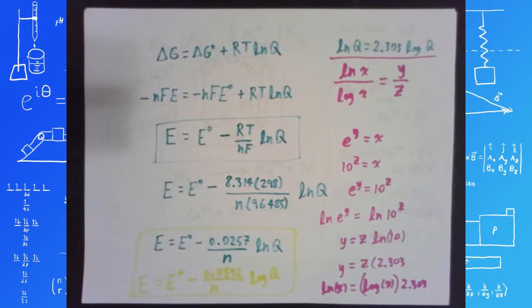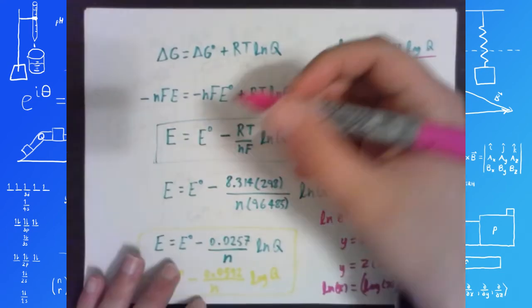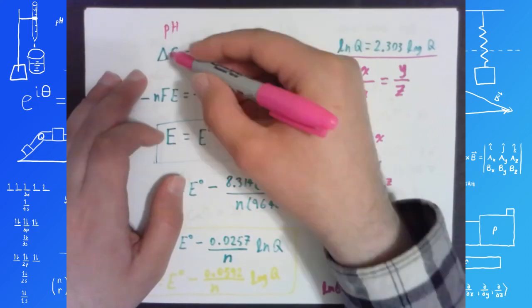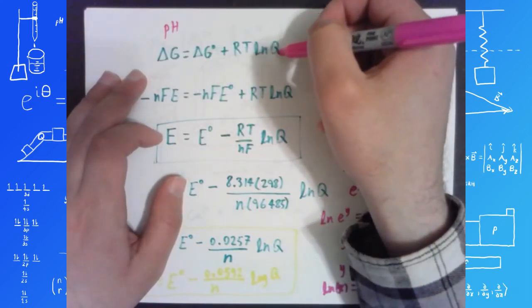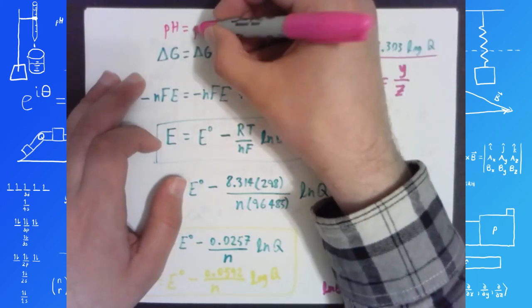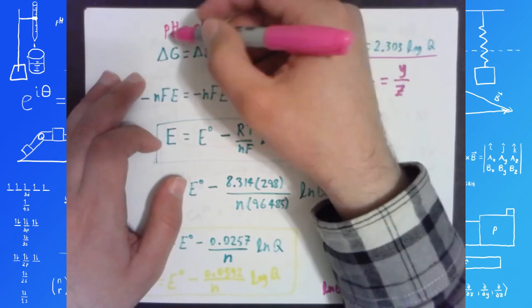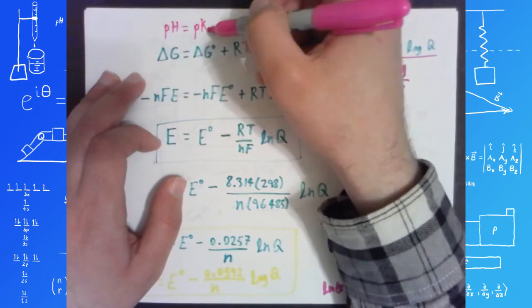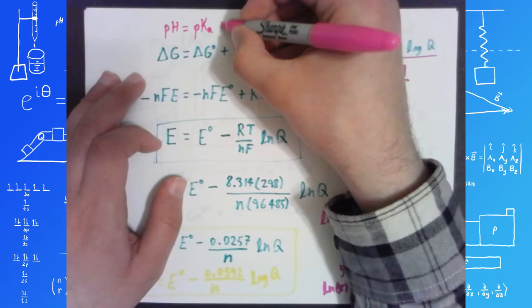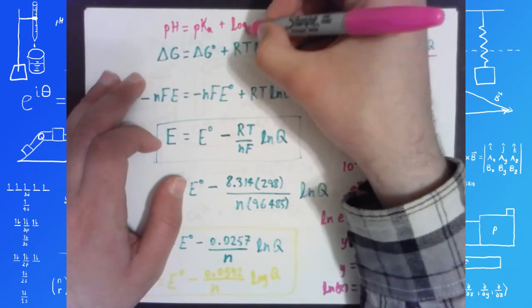And I hinted at it in the previous video. I said we were going to find a third equation that resembles the Henderson-Hasselbalch equation, and now you have it. In the previous video we said that delta G equals delta G standard plus RT ln of Q is similar to the Henderson-Hasselbalch equation in that the value that you're trying to get on the left-hand side equals some sort of benchmark value modified by a logarithmic term.